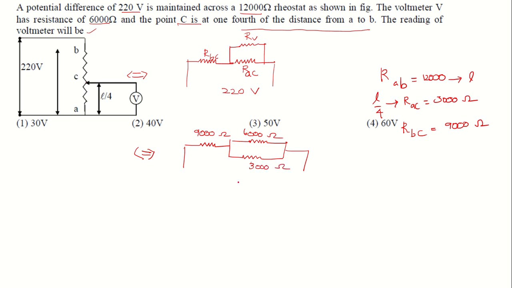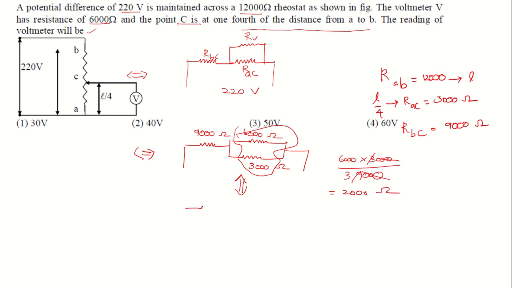So we can reduce that circuit by taking the effective resistance of these two: 6,000 into 3,000 divided by 6,000 plus 3,000, which is 9,000. So 0, 0 cancel, 3, 9 becomes 3. So you get the value as 2,000 ohm.